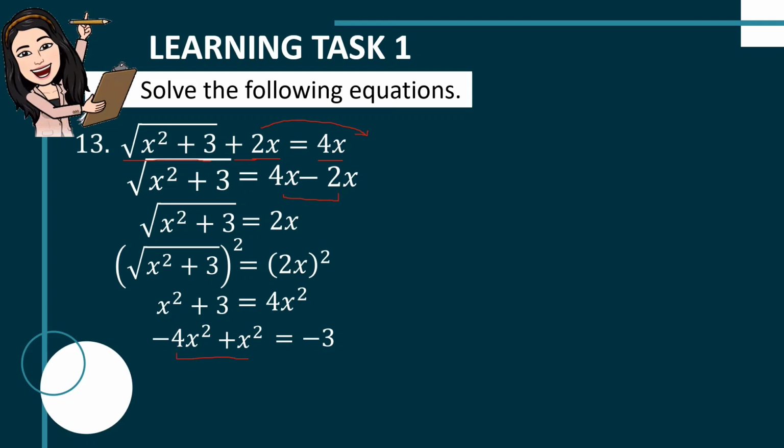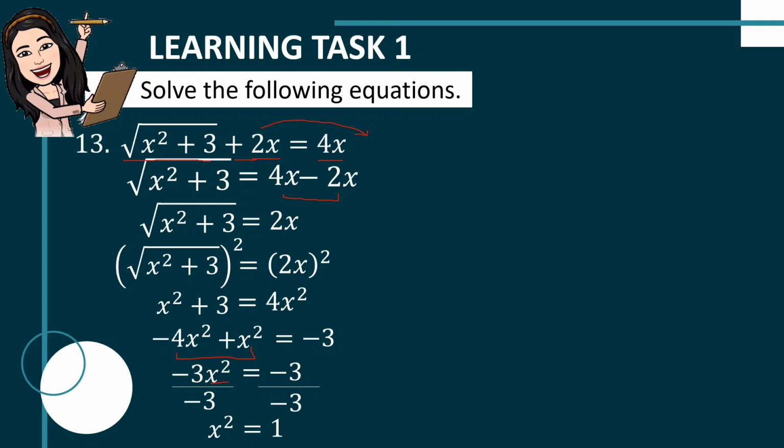What is negative 4x squared plus x squared? We have negative 3x squared is equal to negative 3. At para ma-solve si x, kailangan natin i-divide both sides by 3. So, the answer is x squared is equal to, what is negative 3 divided by negative 3? Okay, we have 1.